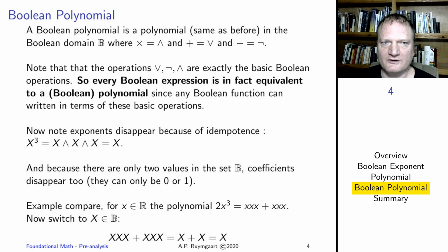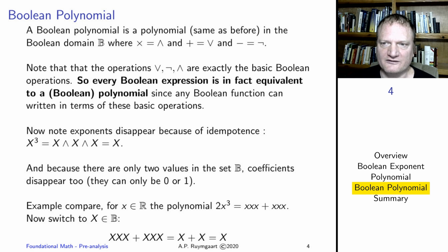Remember, on the Boolean domain, those are the basic three operations, and every other function or operation can be written in terms of those basic three. What that means is that every function or operation on the Boolean domain can be written as a Boolean polynomial.